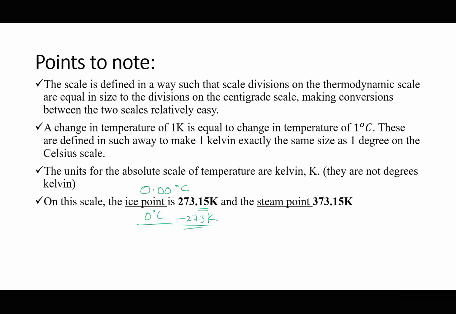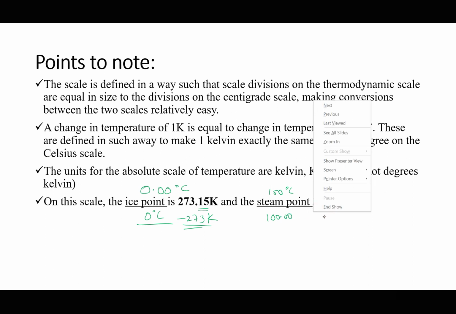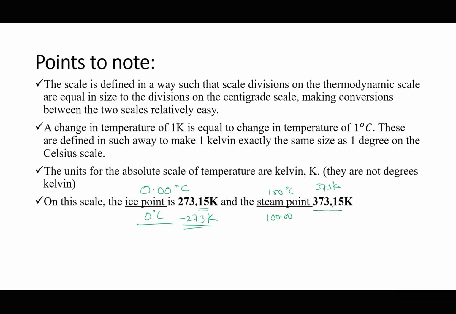Precision is very important. The steam point, which we know as 100 degrees Celsius, is going to be 373 Kelvin. If the precision is 100.00, then it is going to be denoted as 373.15 Kelvin. So precision is very important.